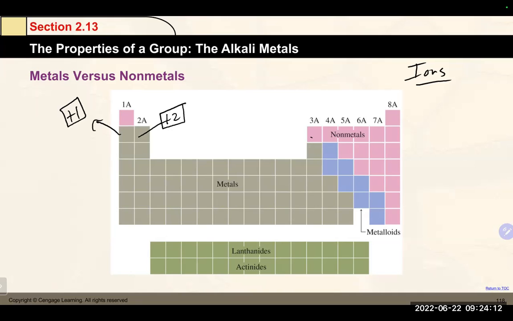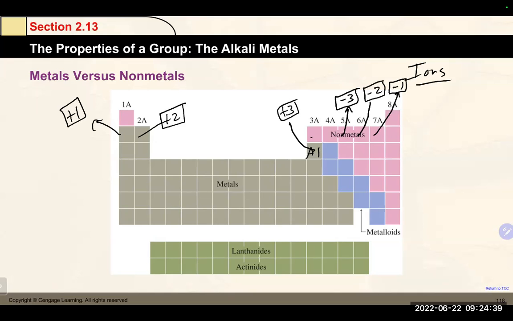When we come over to group 3, we're really talking about aluminum for the most part, which will have a +3 charge. There's no good pattern in group 4, but for the non-metals going into group 5, these will be -3. Group 6 will form -2, and group 7 will form -1.